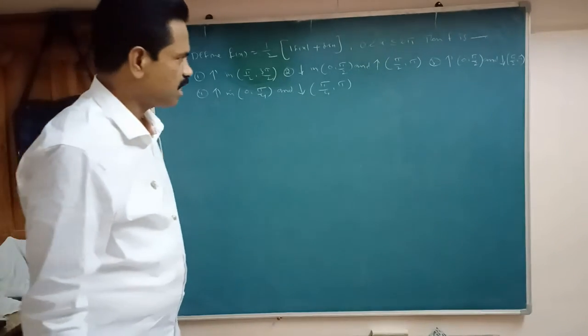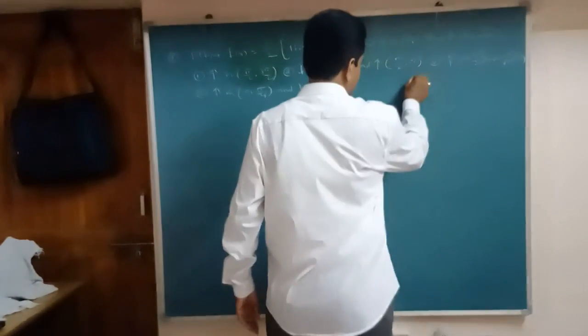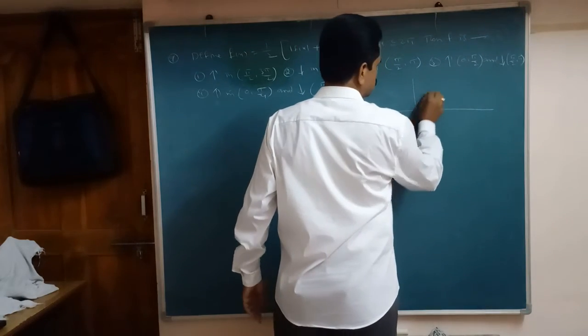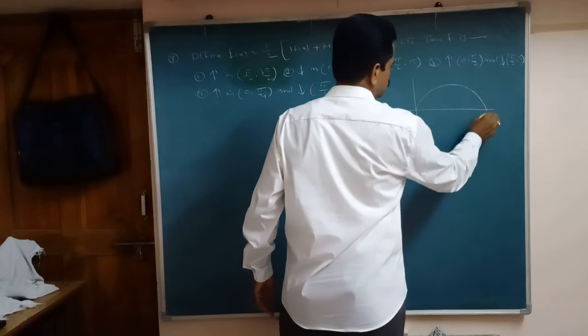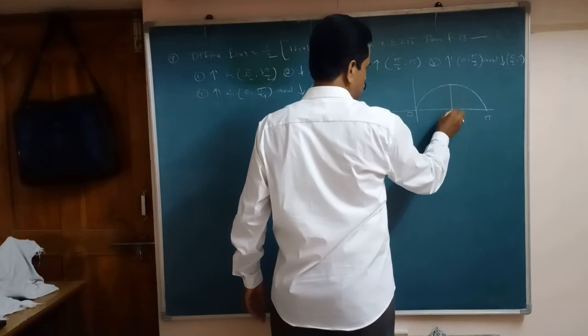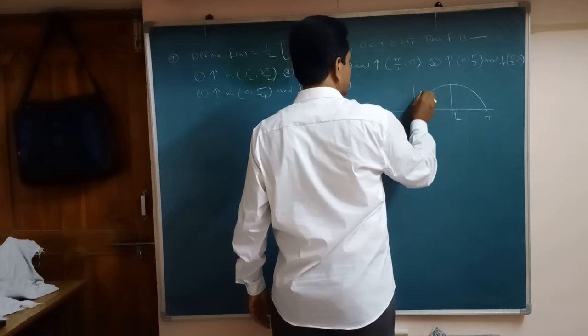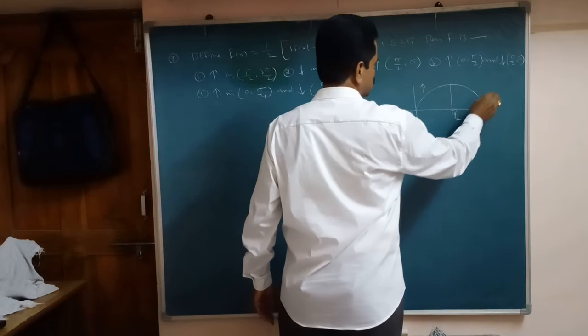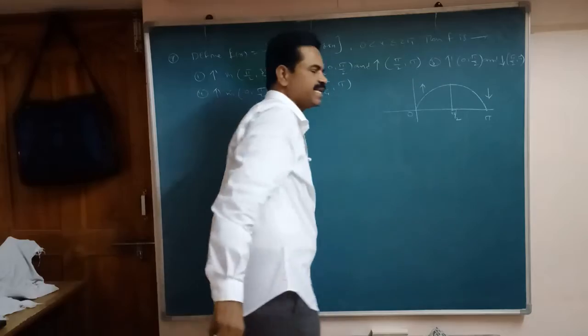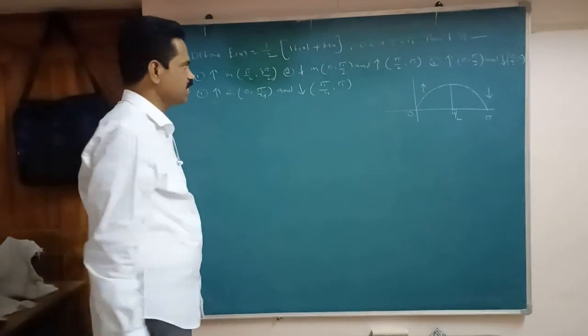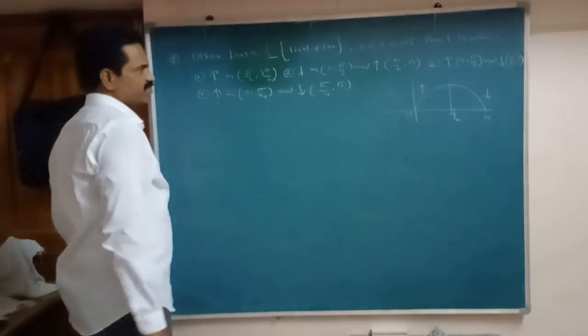We know the sin graph, we discussed it now. This is 0 to pi. Here 0 to pi by 2 increasing, pi by 2 to pi decreasing. See here, first the modulus definition.